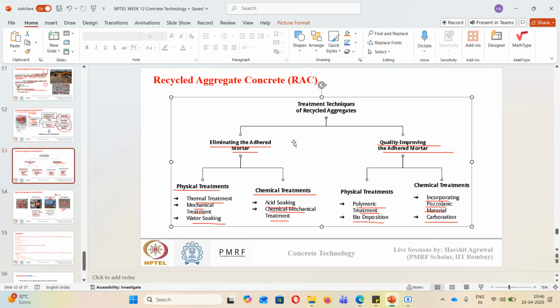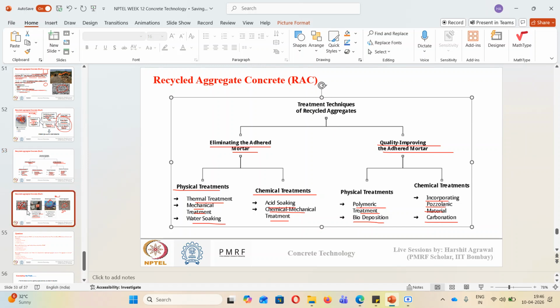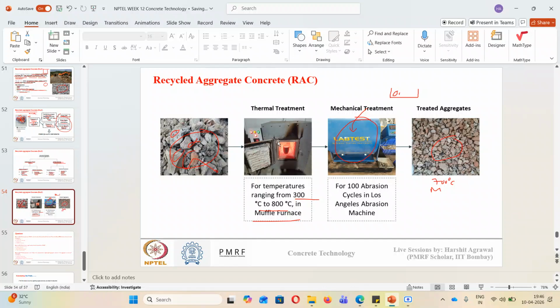So this table I showed the different technique methods that are available. Finally we discussed one technique where we collect aggregate and heat it. Heating will soften the adhered mortar, and then we provide mechanical treatment, rubbing the aggregates against each other, so that will remove the mortar.